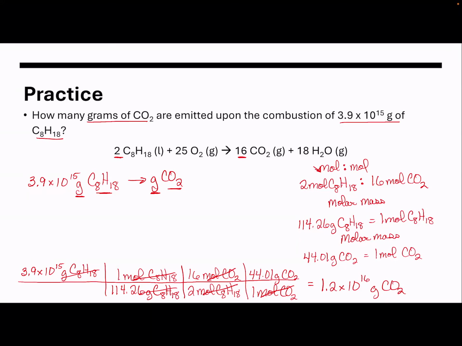But when it comes to actually doing stoichiometry on an exam, you will be given the balanced chemical equation and you will be given the molar masses. You just have to know how to use them. That is because I don't want you to build a calculation off of faulty information. And so I'm going to start it out with all the correct information. You just have to know how to use it and when. Questions?